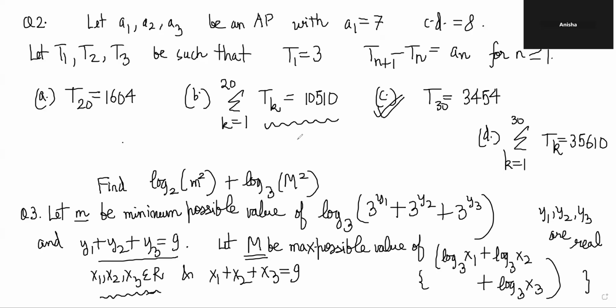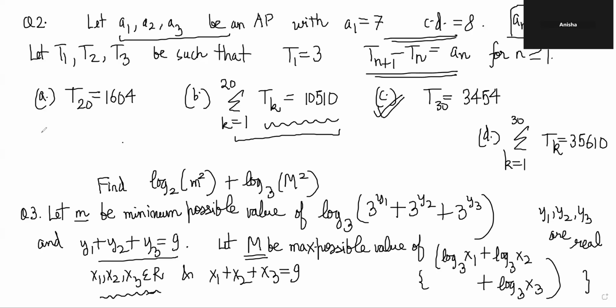Yes, one second. If one of them is right, that means your pattern is correct. That means you can get the sum, right? See, the point is that A1 is completely known, this series. You can get An directly by saying 7 plus (n minus 1) into 8. And from this equation you can get patterns.